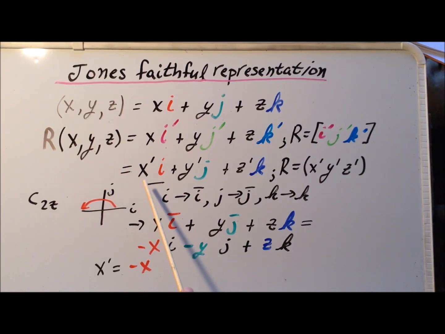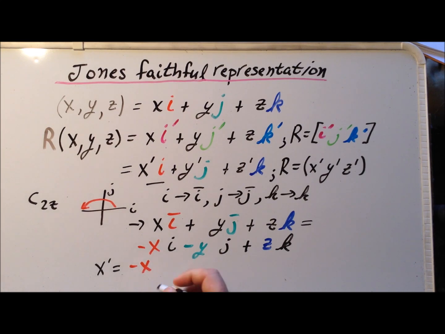To find the x prime here, I look at what is the new coefficient of i in my expression. And I see that the coefficient of i is now minus x. x prime means the new coefficient of the i vector after the rotation has taken place. So we see in this case it's going to be minus x.